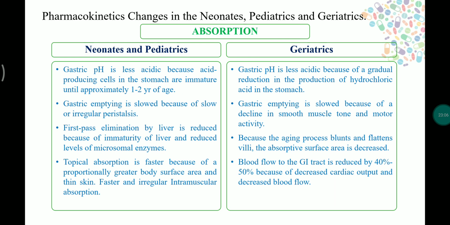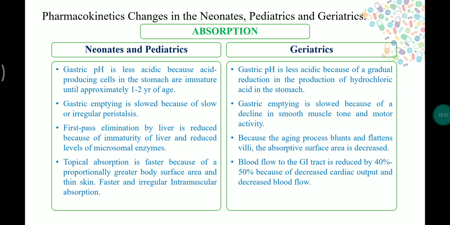Coming to the pharmacokinetic changes in neonates, pediatrics and geriatrics. First, absorption. In neonates and pediatrics, gastric pH is very low because the stomach is immature, approximately up to 1 to 2 years of age. In geriatrics, gastric pH is also low because of reduced production of hydrochloric acid in the stomach.